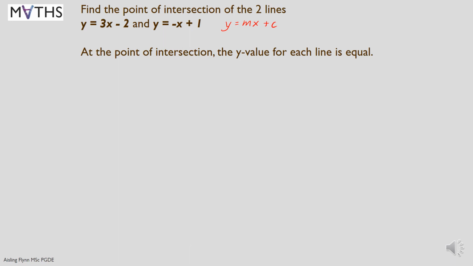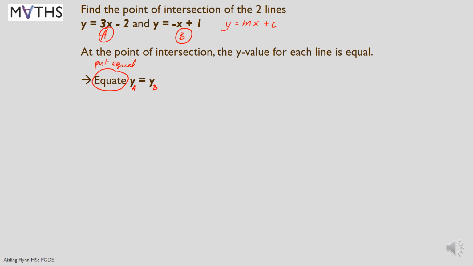So they both have the same y value, and for that reason we're going to equate, which means to put equal, the y values from each. So let's call 3x minus 2 line A and minus x plus 1 line B, and we're going to equate yA equals yB.